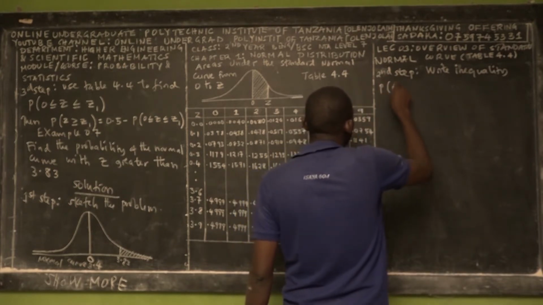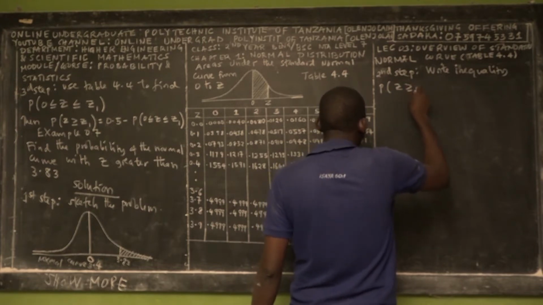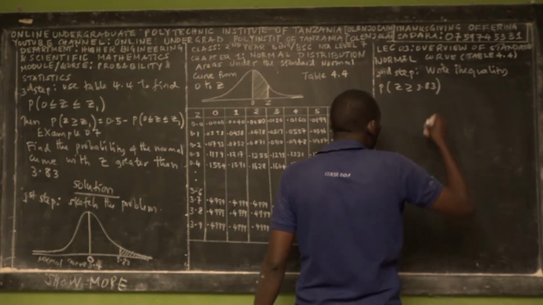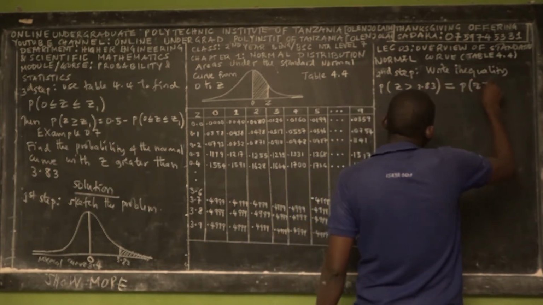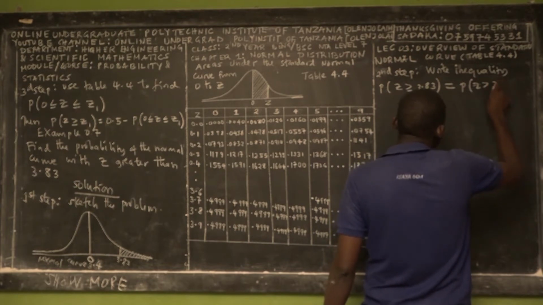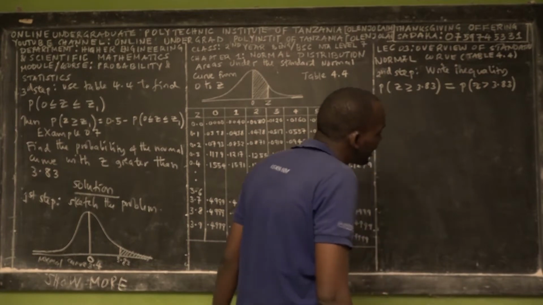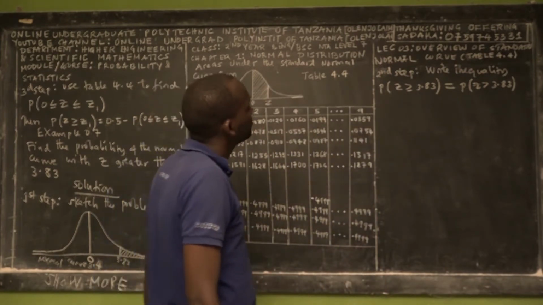We have probability of z greater than or equal to 3.83. Remember that this is also equal to probability of z greater than 3.83. Whether you use the words greater than or greater than or equal to, they have the same meaning.